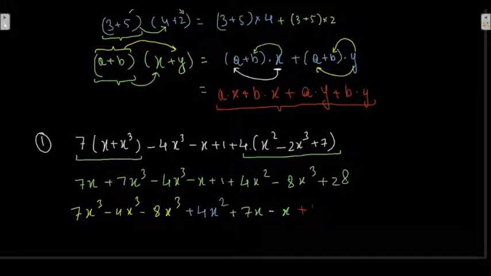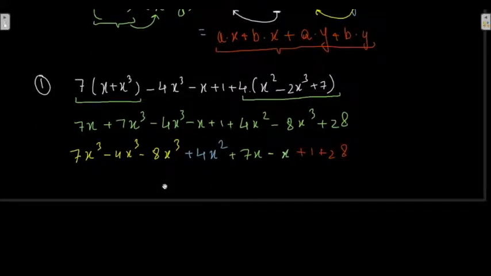Plus 1, this, plus 28. Now first we applied the distributive property. In fact, we applied the distributive property twice, first here and second here. Then we just brought the like terms. We combined the like terms or brought the like terms together. Now it's pretty simple for us to solve.